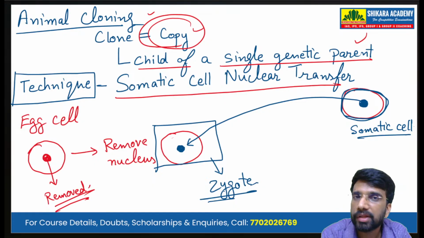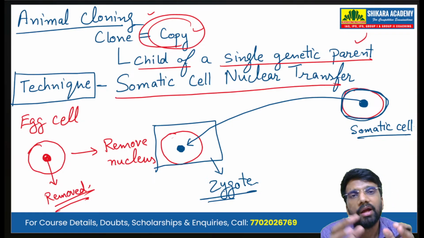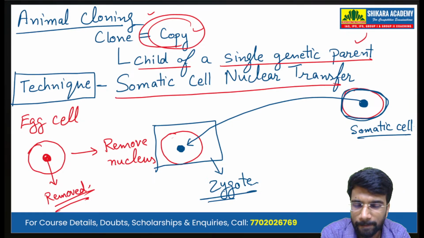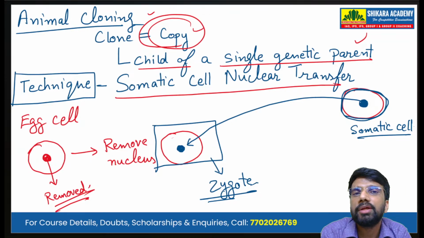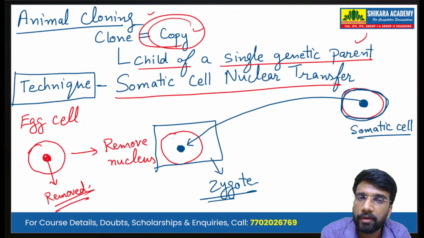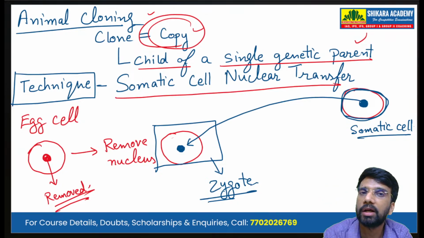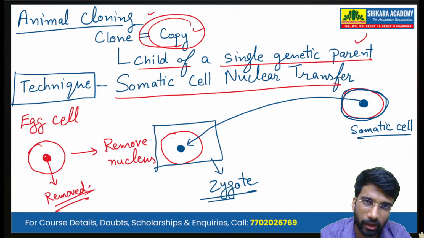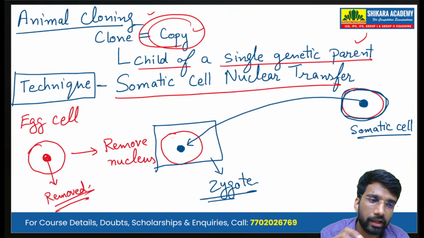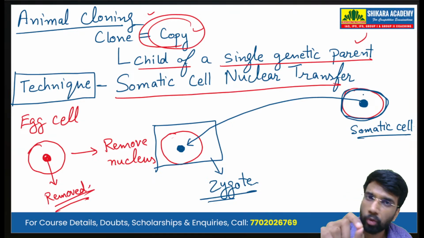Now, what do we have in a zygote? In a zygote, we have a nucleus. So a zygote is a cell having a nucleus. And in that particular nucleus, there are 46 chromosomes. Yes, 46 chromosomes, 23 coming from the father, 23 coming from the mother. But we also know that somatic cells are diploid cells.